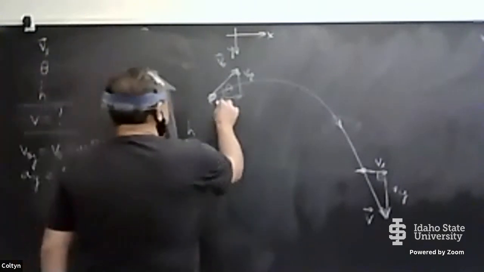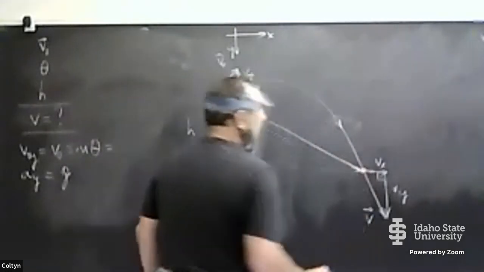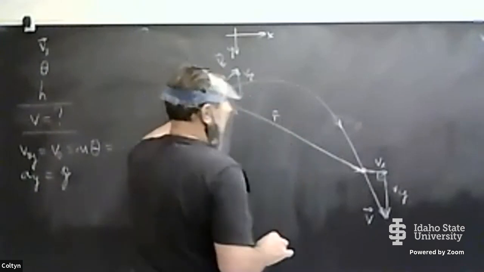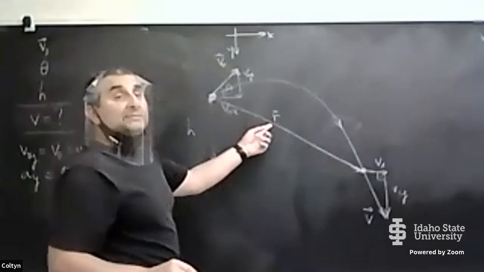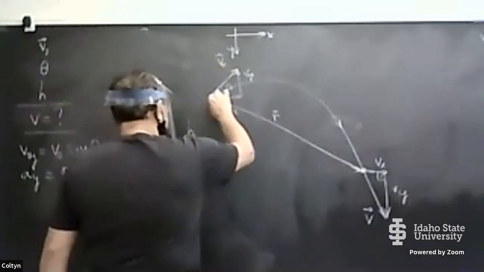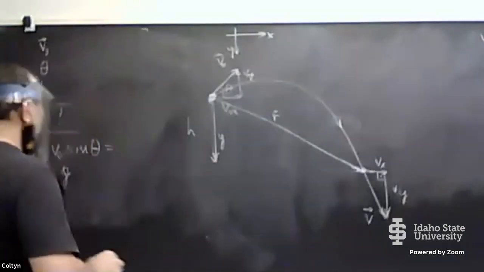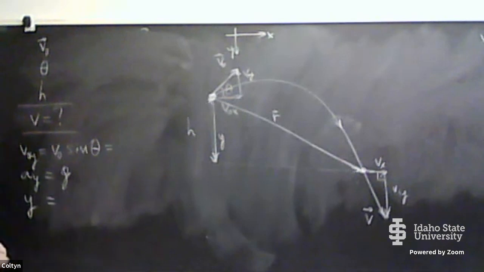The displacement of this fuel tank, the displacement of this projectile, is the vector that connects the initial launch point with the final point. And that displacement vector has y component exactly equal to the height of the launch, which is given.